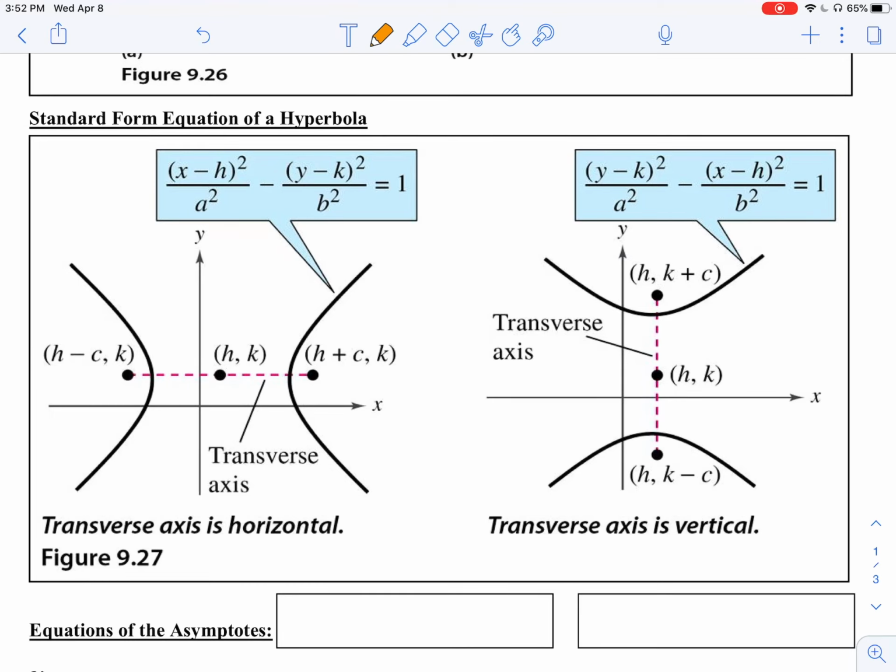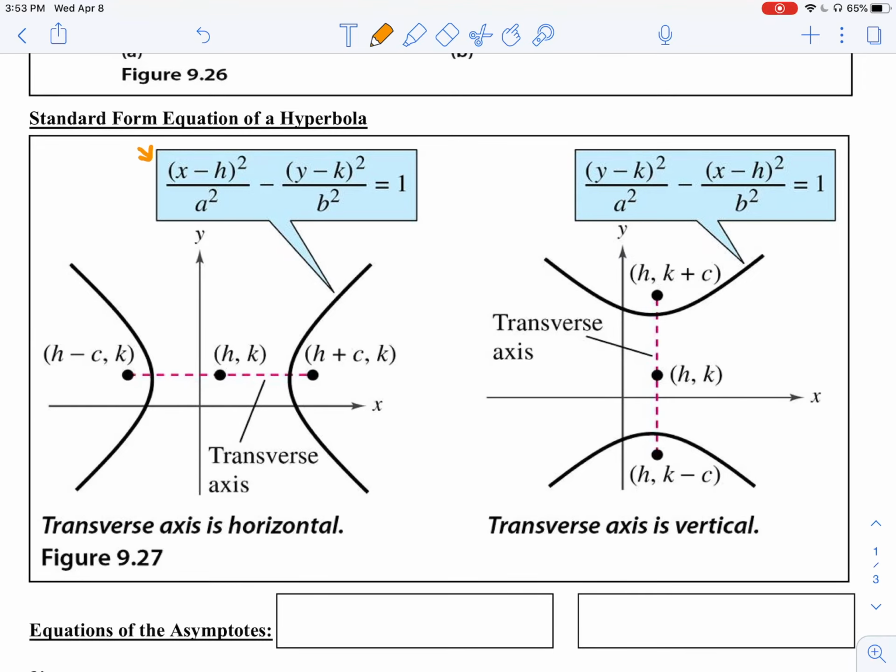The fact that we are subtracting these terms means that which term is positive actually makes all the difference in terms of what our hyperbola is going to look like. Specifically, if our x term is positive, we will see that our transverse axis, which again is the axis that runs through the center, our vertices, and our foci, is going to be horizontal.